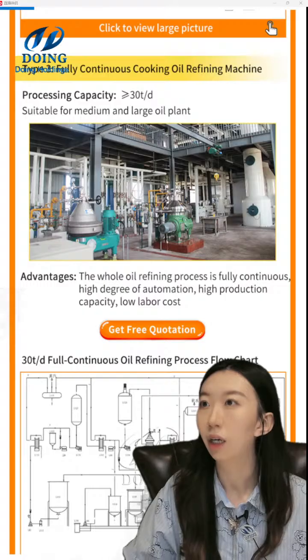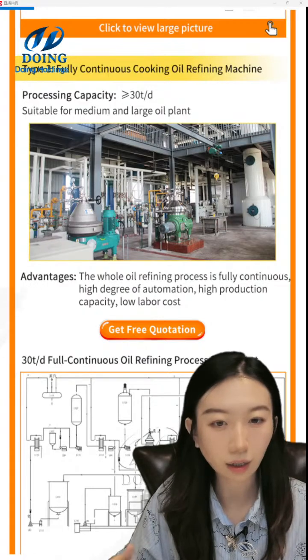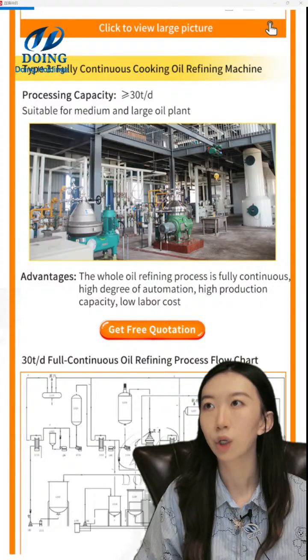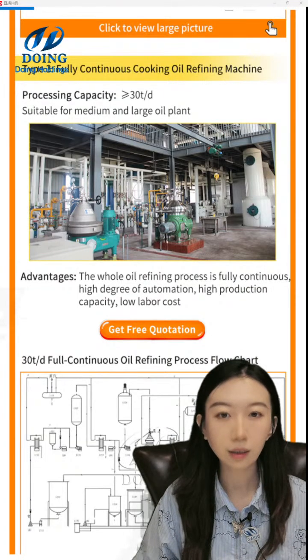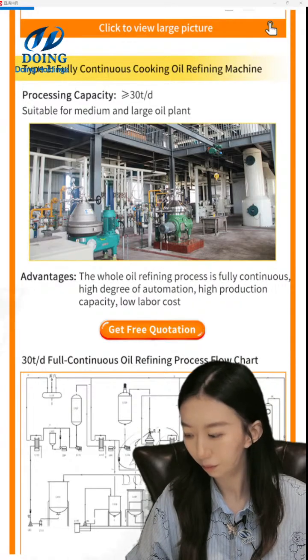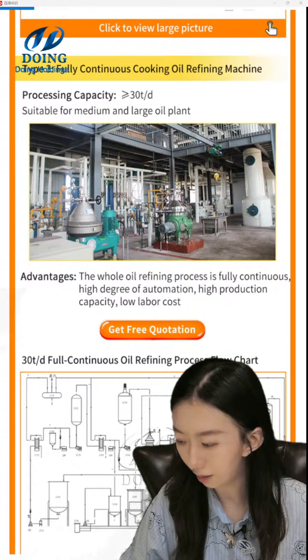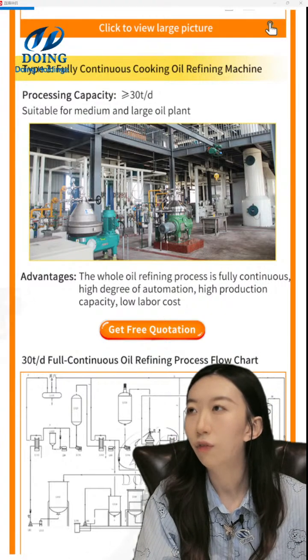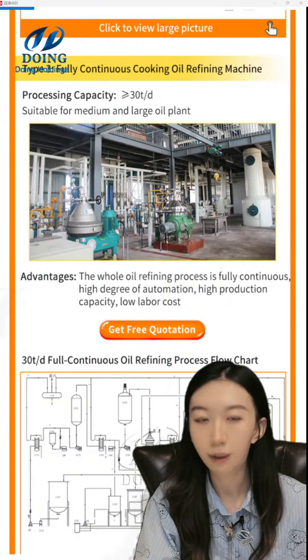Okay, and the last type is a fully continuous refining equipment. Its advantage is the highest. And it's suitable for medium and large oil plant.